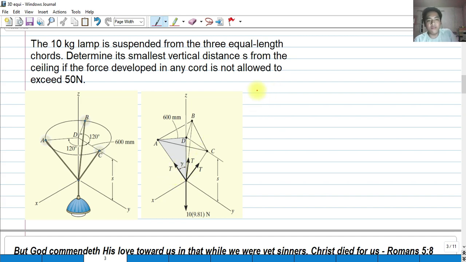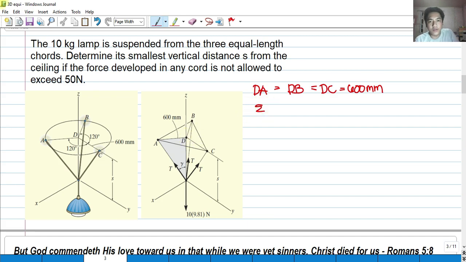Let us note that the length of DA equals the length of DB, equals the length of DC, which is equal to 600 millimeters.